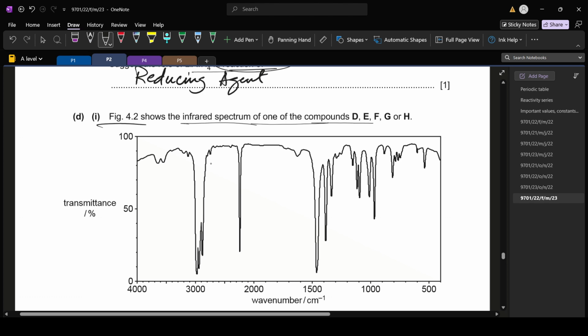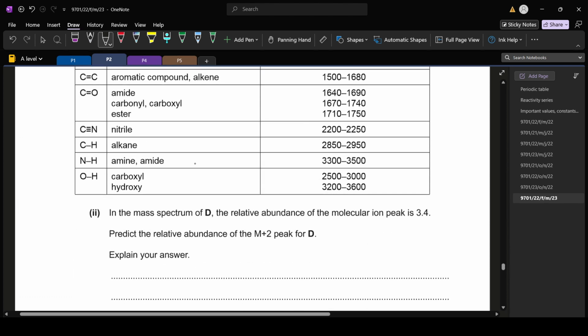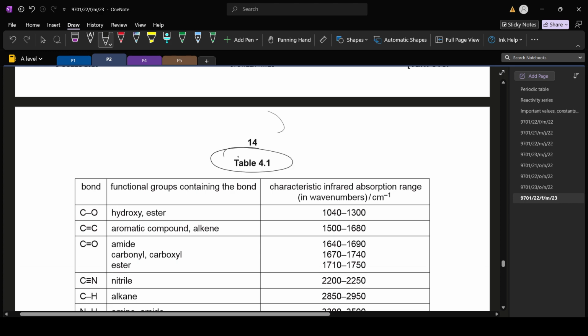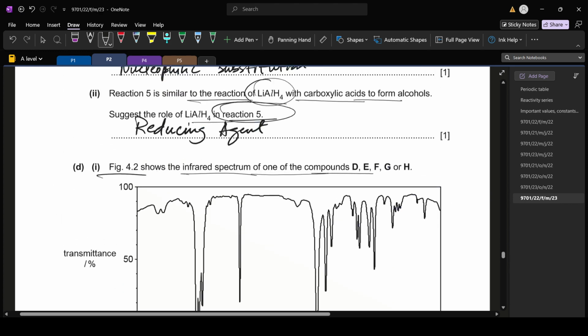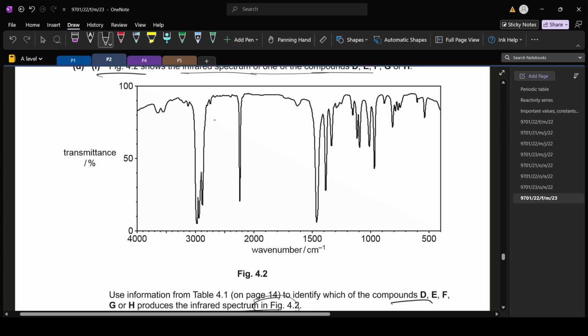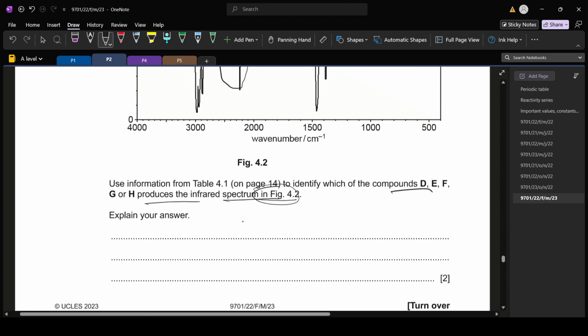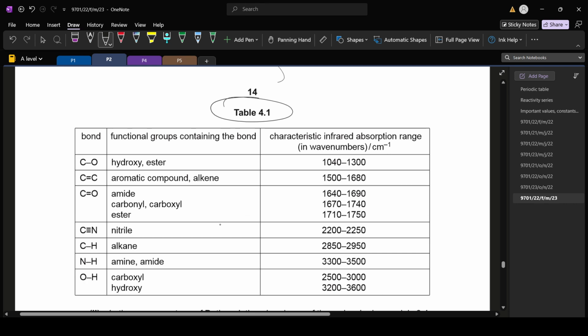So firstly, let's analyze this table 4.1. Now you have to analyze the peaks. This peak is in the range of 2200, so this peak is of the nitrile compound.